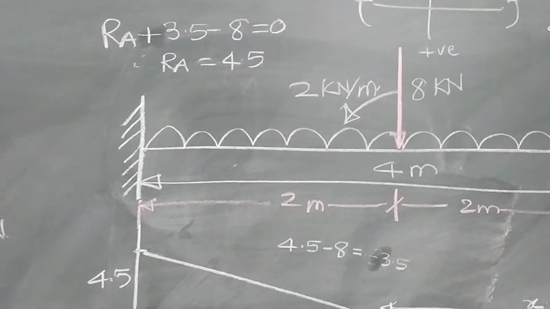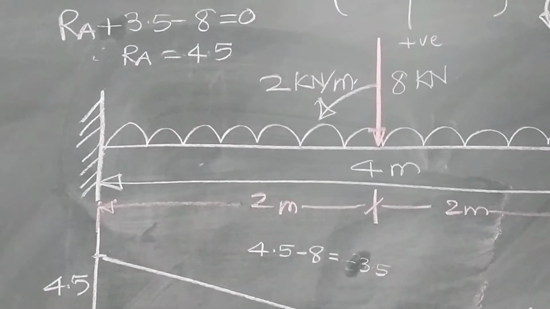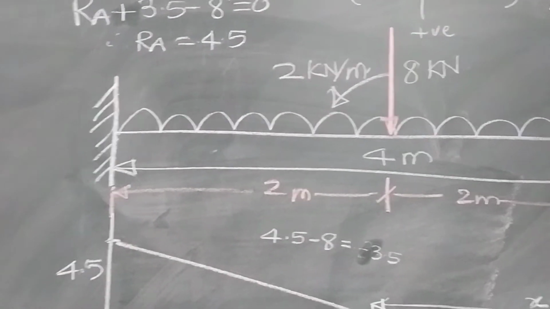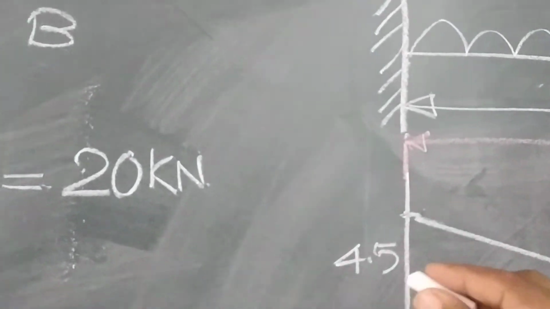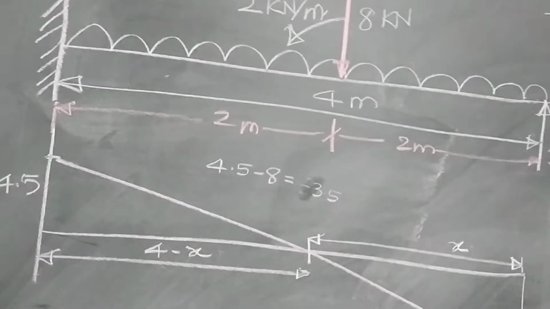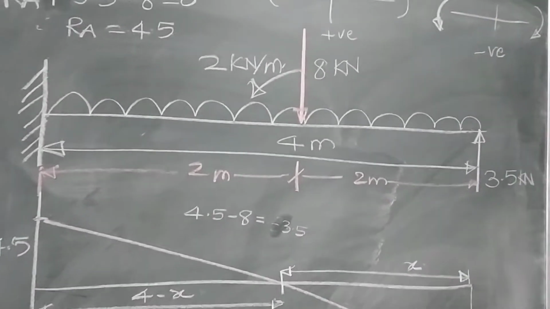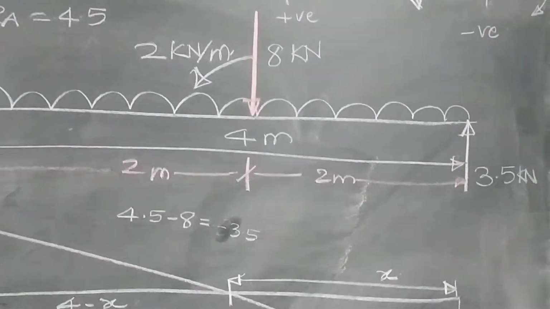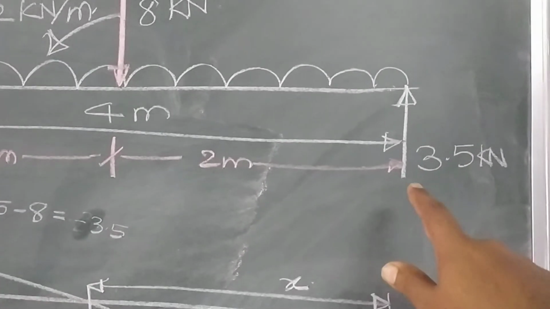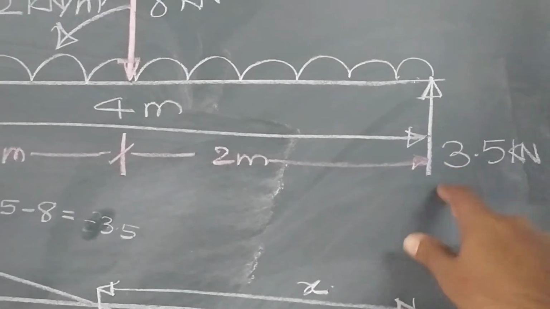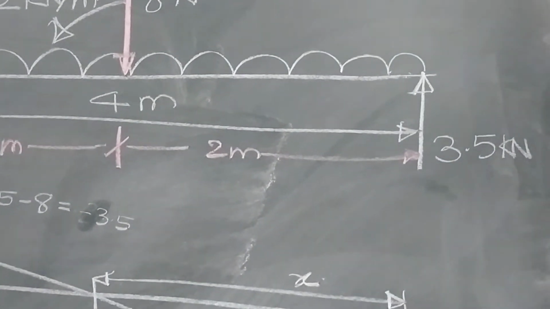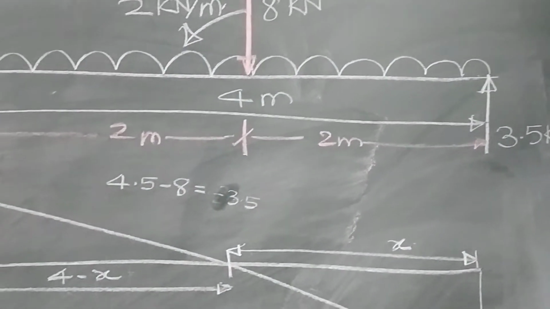So, now let us solve this. Tell me the intensity of RA. This is a peculiar example, not only UDL. Here is a UDL for entire span and upward load. Upward load of 3.5 kilonewton at free end.